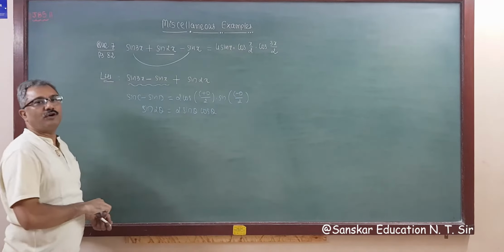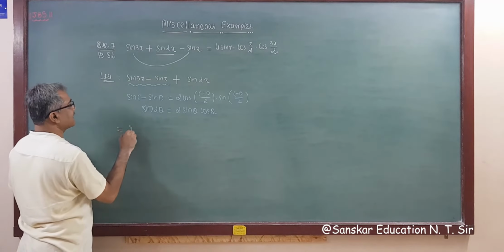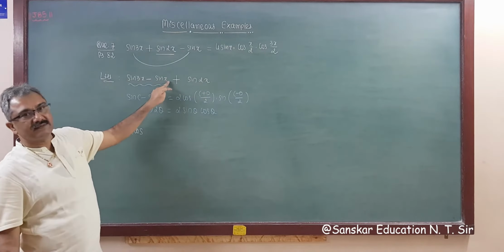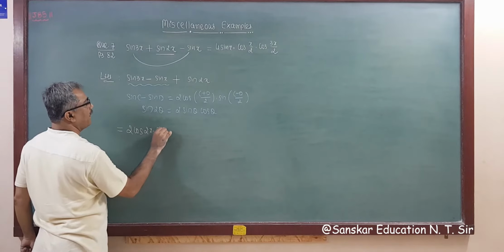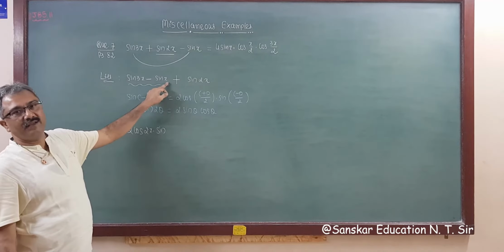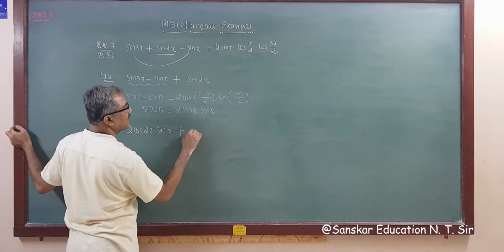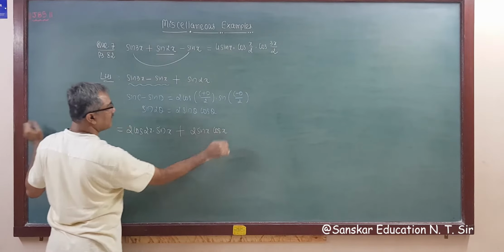Applying these two formulas, this is equal to 2 cos of (3 plus 1, 4, divided by 2) 2x, into sin of (3 minus 1, 2, divided by 2) x, plus 2 sin x cos x.